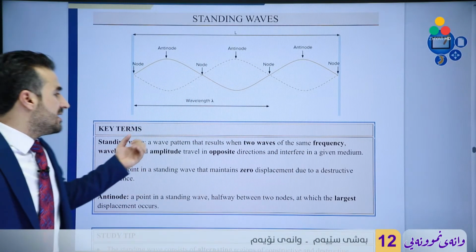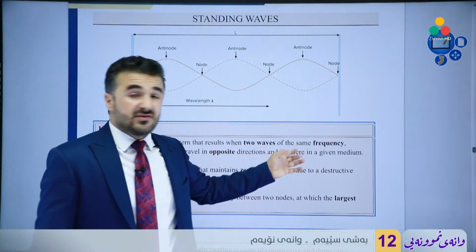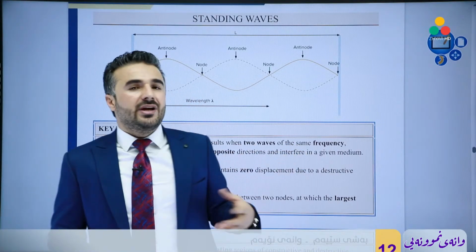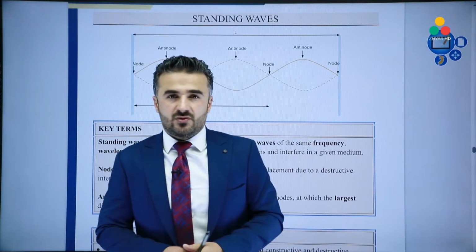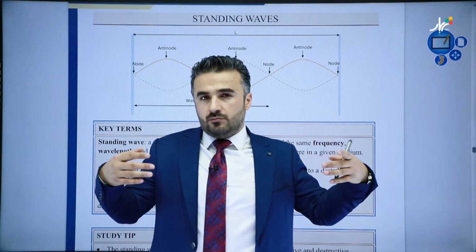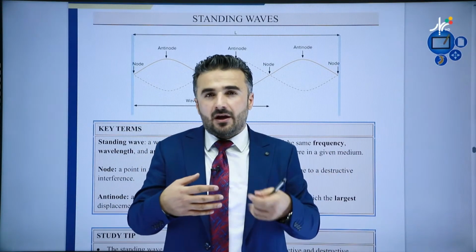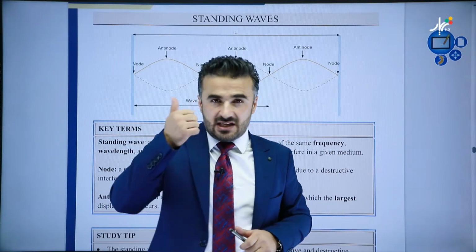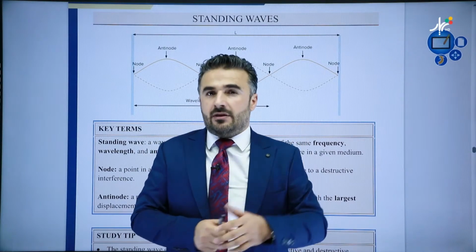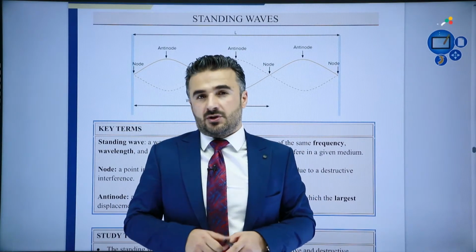A standing wave is a wave pattern that results when two waves pass through a medium, and these two waves have the same frequency, the same wavelength, and the same amplitude as well.